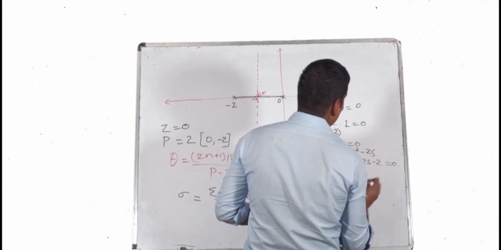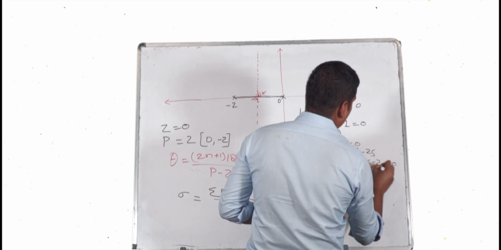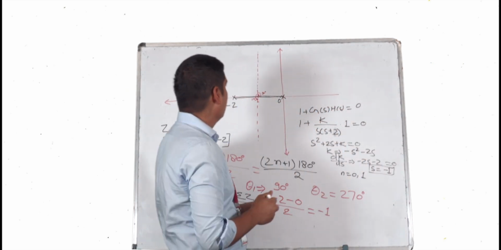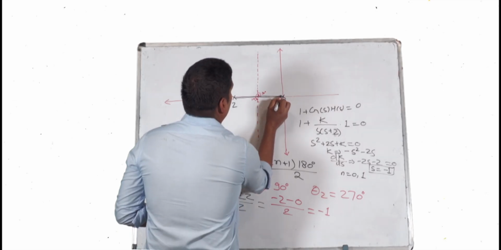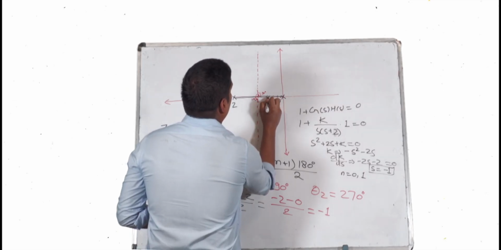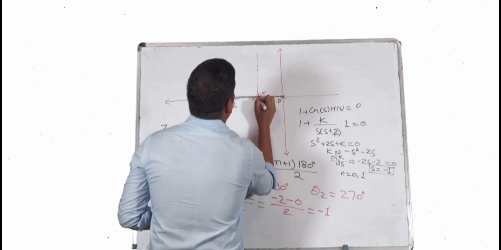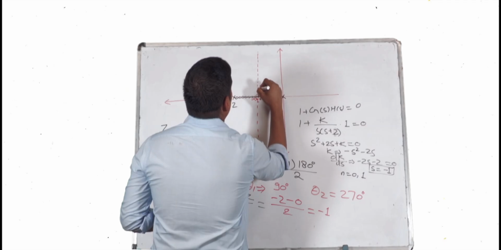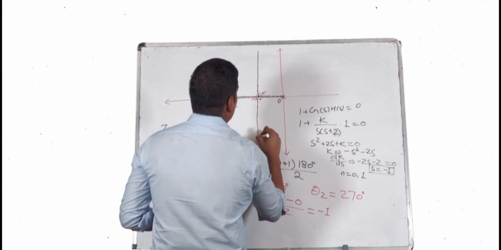If we put it equal to 0, s will become minus 1. So at this point the breakaway point will exist, and the root locus will move like this from -2. It will come like this, and here only the breakaway point will exist, and the roots will move towards infinity from this point.